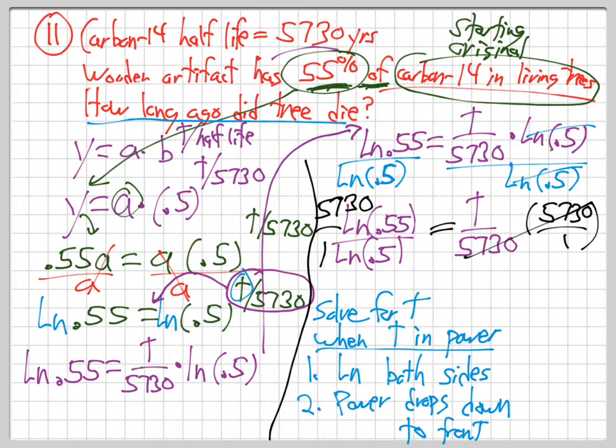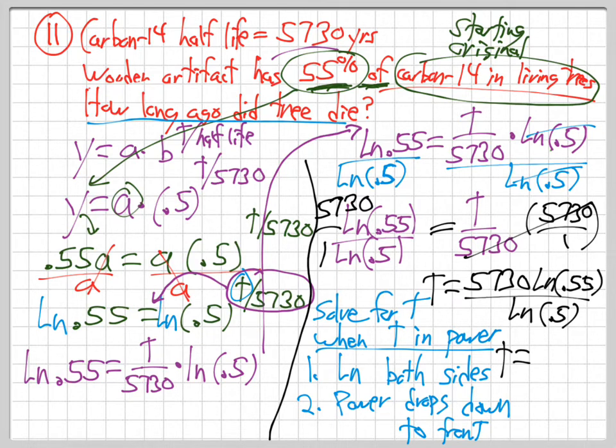And so t equals 5730 times ln 0.55 over ln of 0.5. Hit the buttons on your calculator. I'm going to do it now too. 5730 times ln 0.55 divided by ln 0.5.